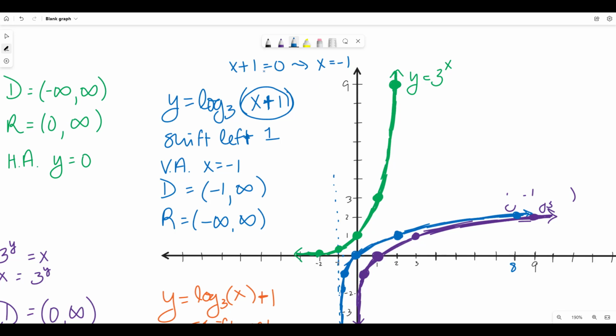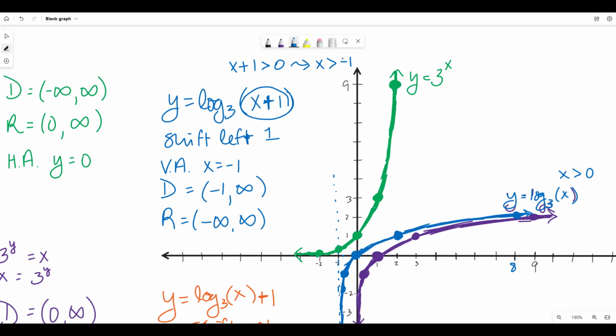I could also, instead of saying x plus 1 equals 0, focus more on the domain and say this has to be greater than 0. Because in a regular log graph, log base 3 of just plain old x, the domain is x is greater than 0. So you just take the stuff inside your log and set it greater than 0, just greater than, not greater than or equal to, and you can figure out your domain and then just make it an interval.